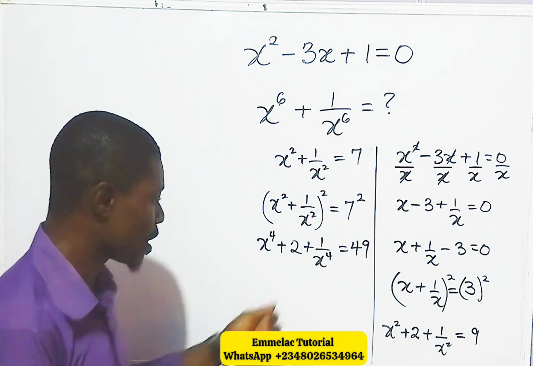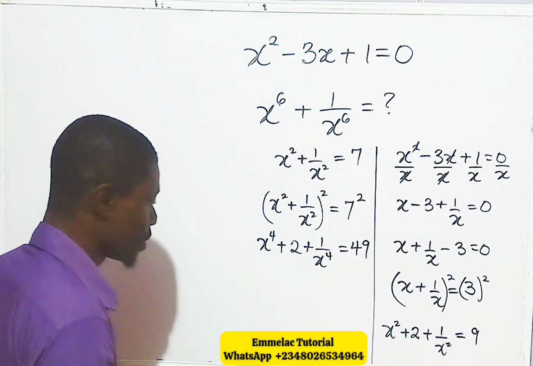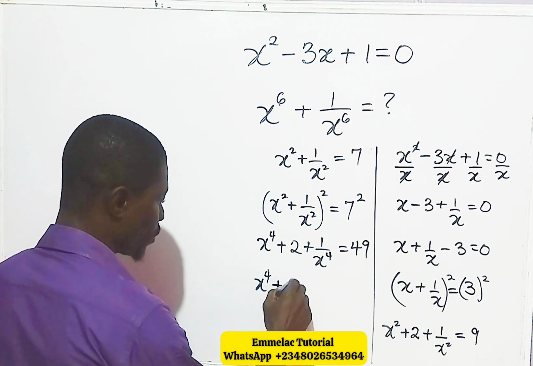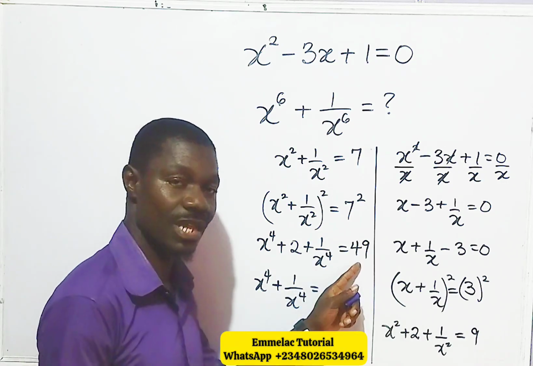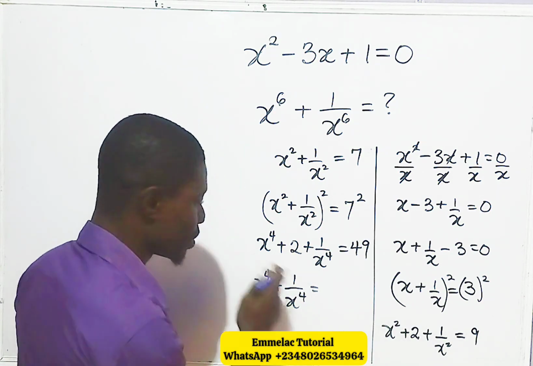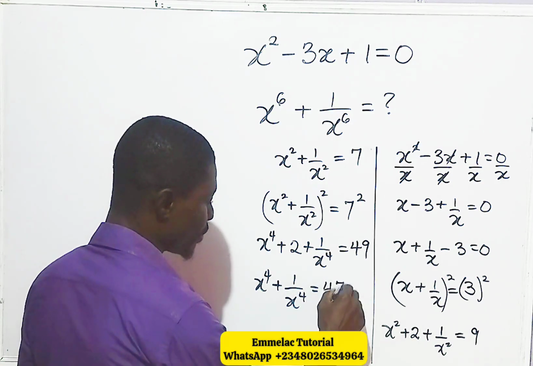Okay, in this case again, let us subtract 2 from both sides of the equation. We have x raised to 4 plus 1 all over x raised to 4 equals 49 take away 2, that should give us 47. So here we have 47.